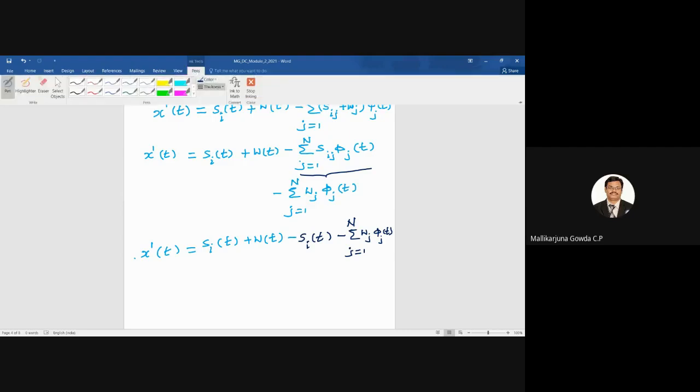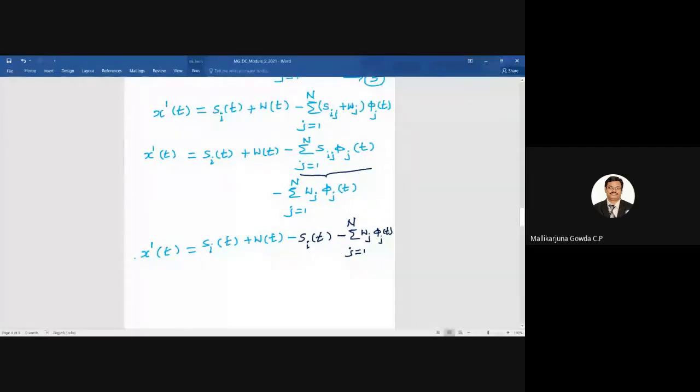So x dash of t will be equal to w of t minus summation j is 1 to n wj phi j of t. Let me call this equation 6.